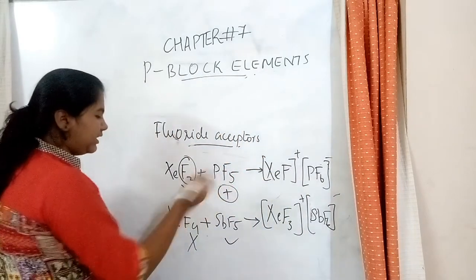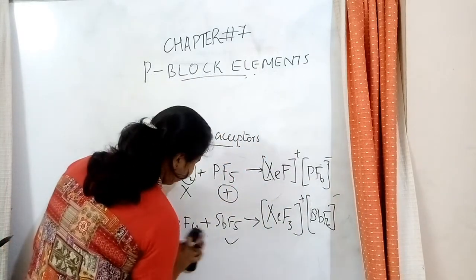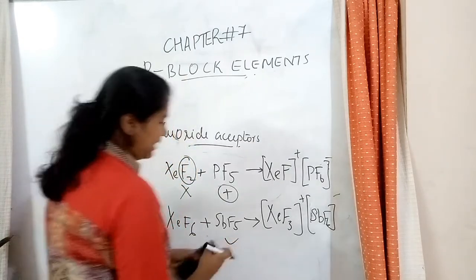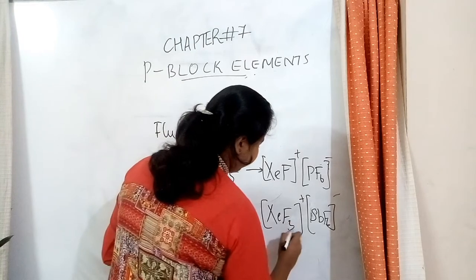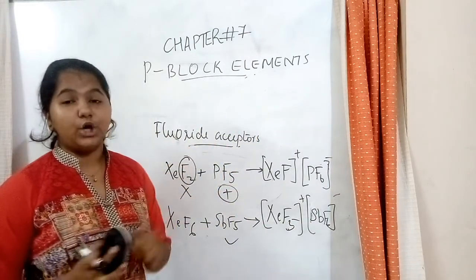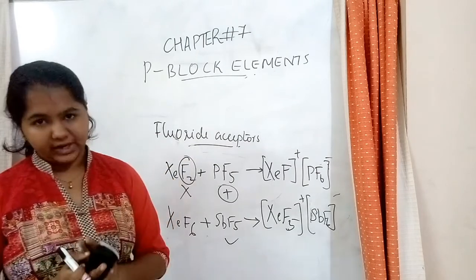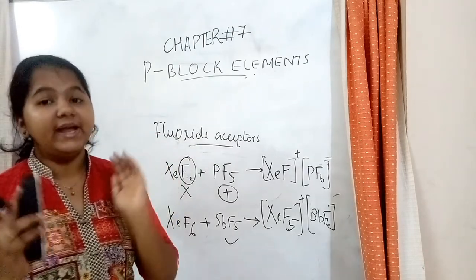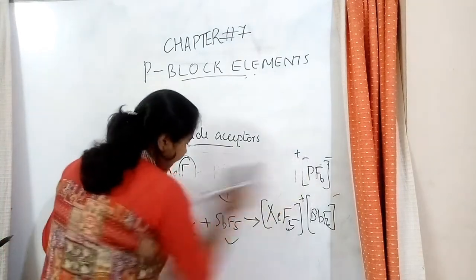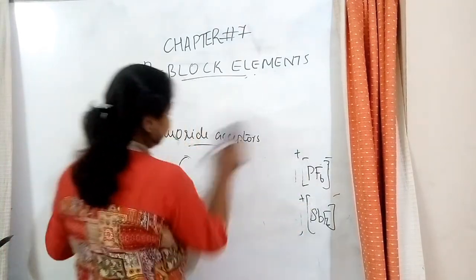In the same way you can write for XeF6. If it's XeF6, this becomes XeF5 plus. This is the change that comes. So this is the reaction of xenon fluorides with fluoride ion donors and fluoride ion acceptors. So next is the structures of these compounds.